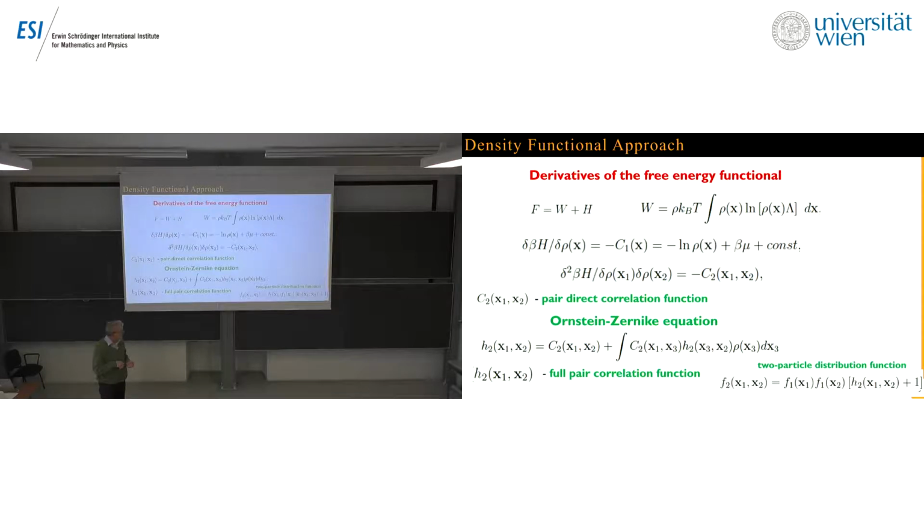And so this two-body distribution function at large interparticle distance, of course, should go to the product of two one-particle distributions, because all correlations should decay sooner or later. The orientations and positions of two very distant particles must be independent. And so that's why there is one here, which is subtracted. And then all the rest is called the full correlation function.